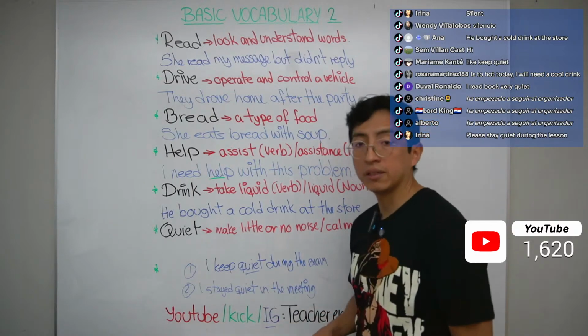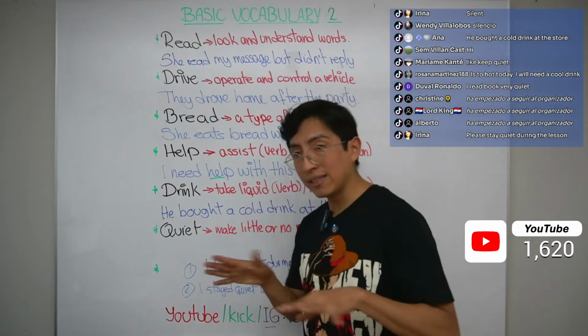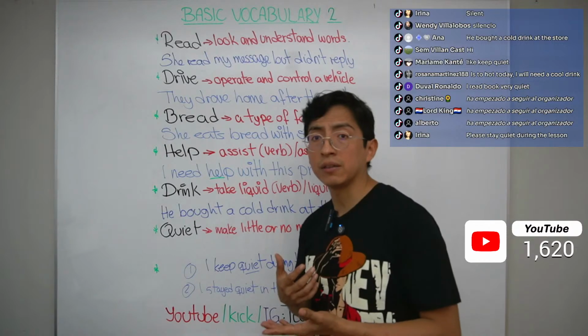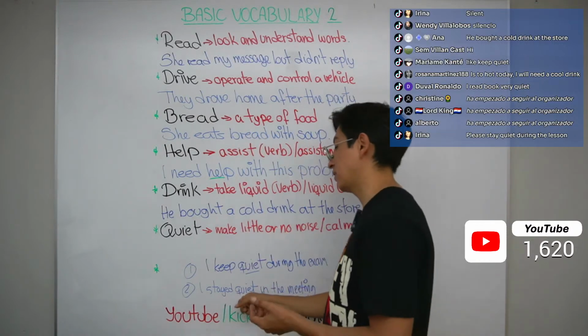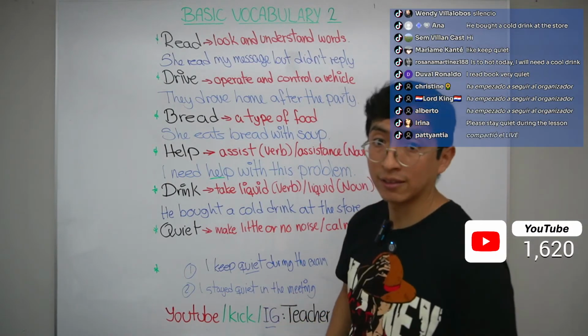I stayed quiet in the meeting. What does it mean? That I didn't say anything. I didn't want to participate. I didn't want to say a word. So I stayed quiet during the meeting or in the meeting.